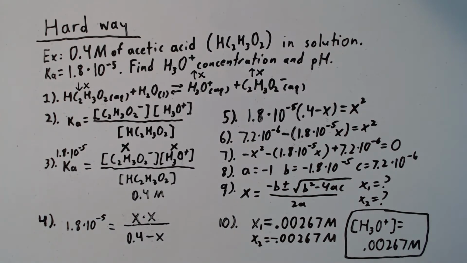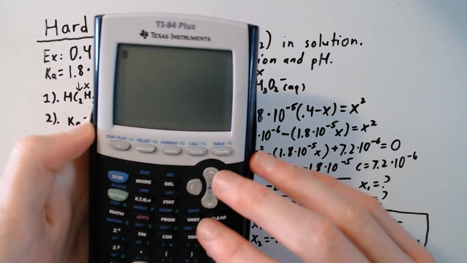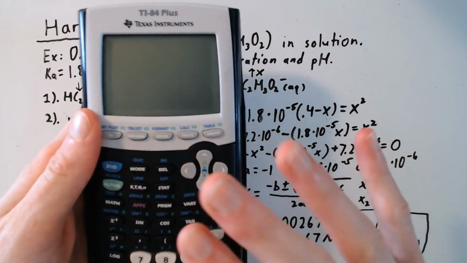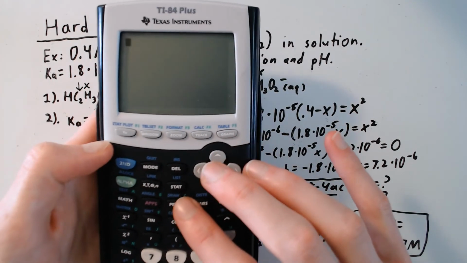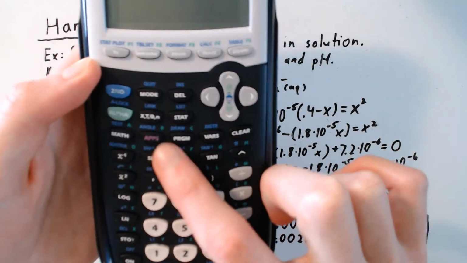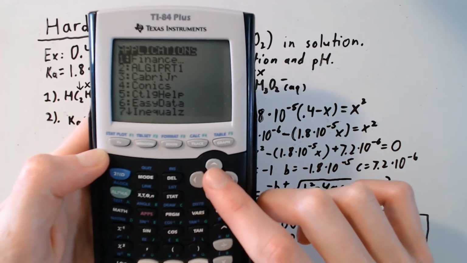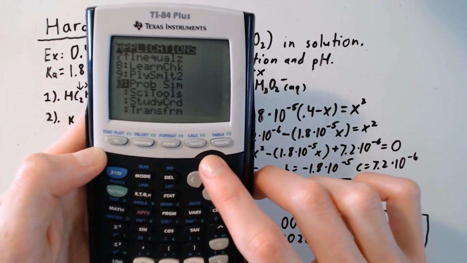Now, on your graphing calculator, there is a similar thing. It depends on which calculator you use, but I believe most of these graphing calculators have this function built in. If you do not have it, I think there's a way of downloading it online. So you have to go to the apps button right here. Once you go to the apps, you scroll up and go to number 9 right here.